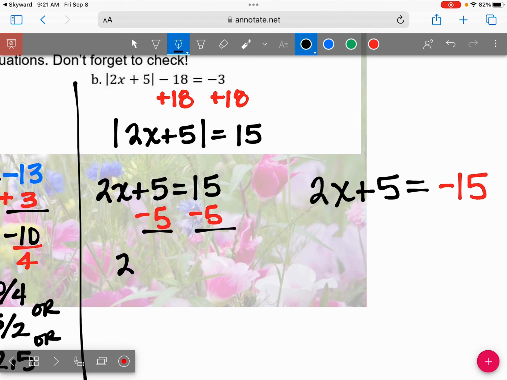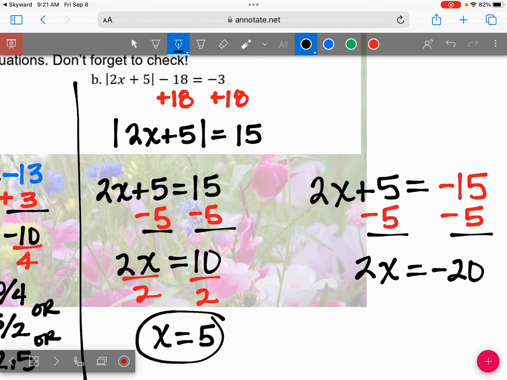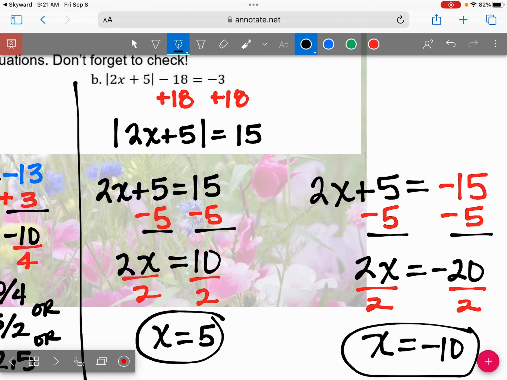So that would be 2x equals 10. Divide by 2. Who got x equals 5 as their first answer? Good. For my second one, I'm subtracting the 5. 2x equals negative 20. Divide by 2. x equals negative 10. And that would be my two solutions.